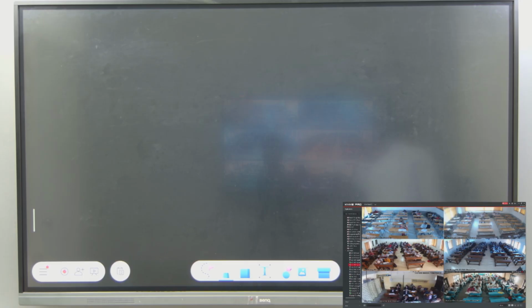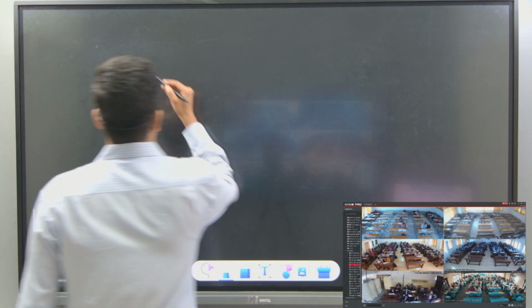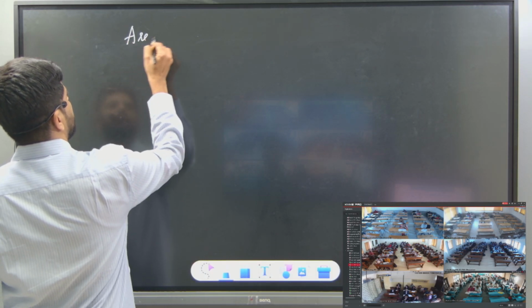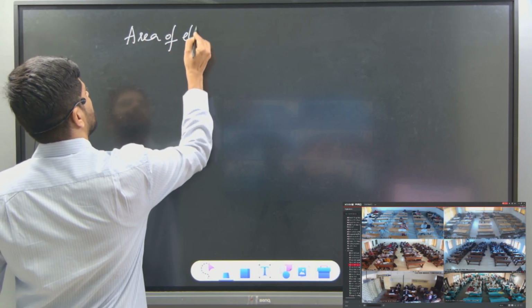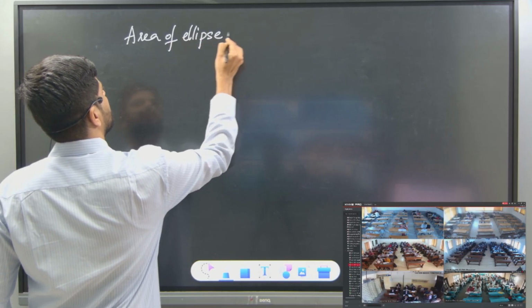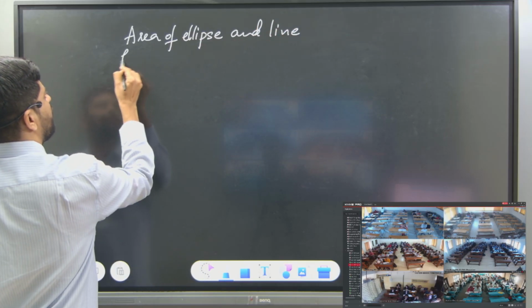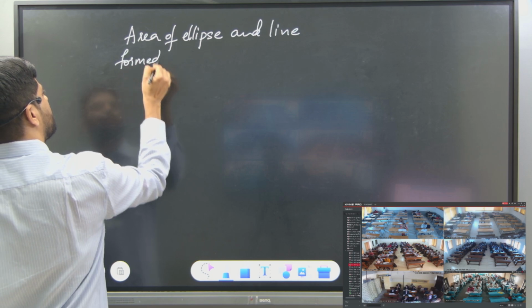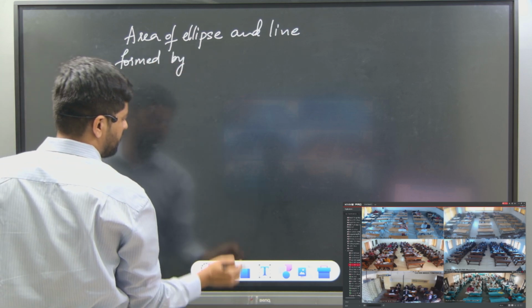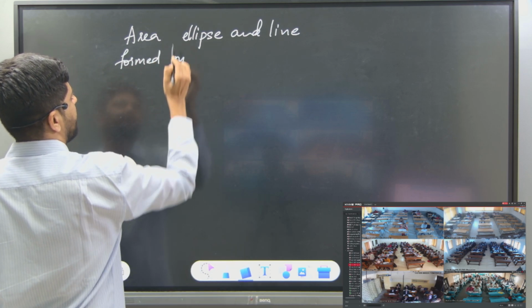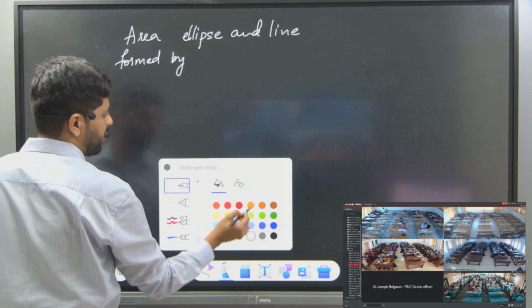What if I have area of ellipse and a line? Area formed by ellipse and line. How to do it? The question is like this.